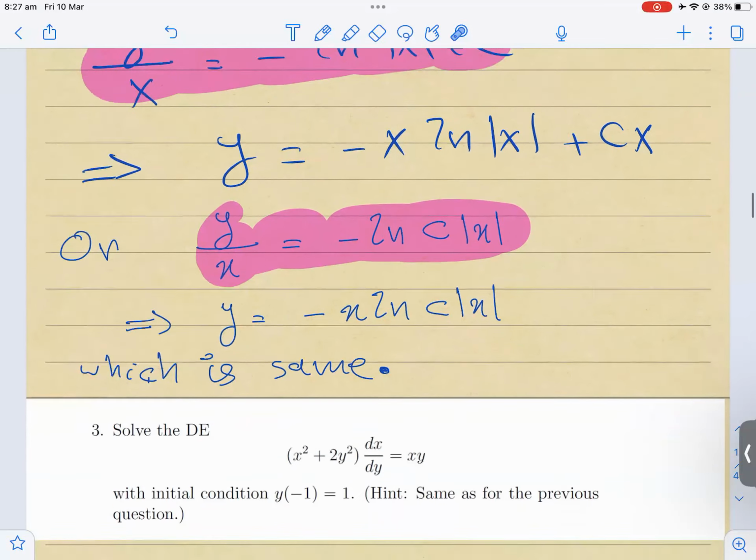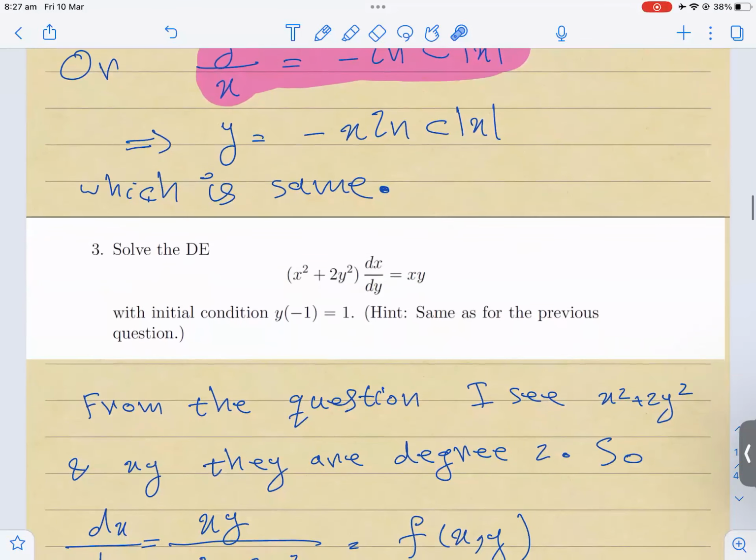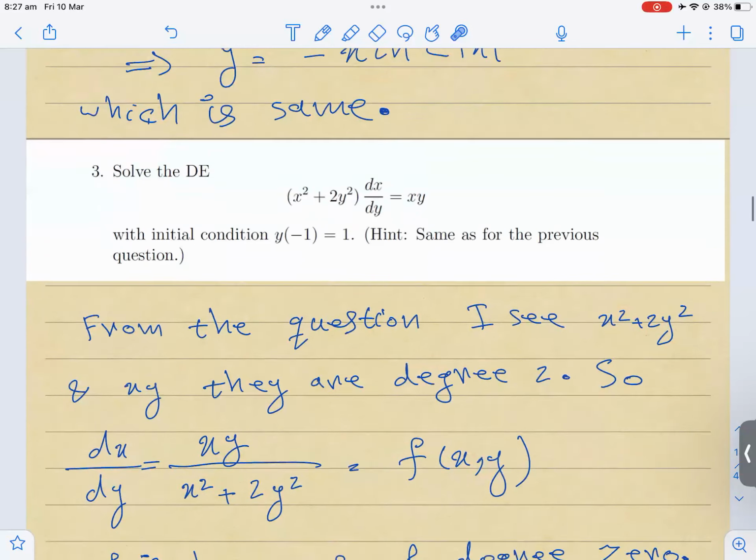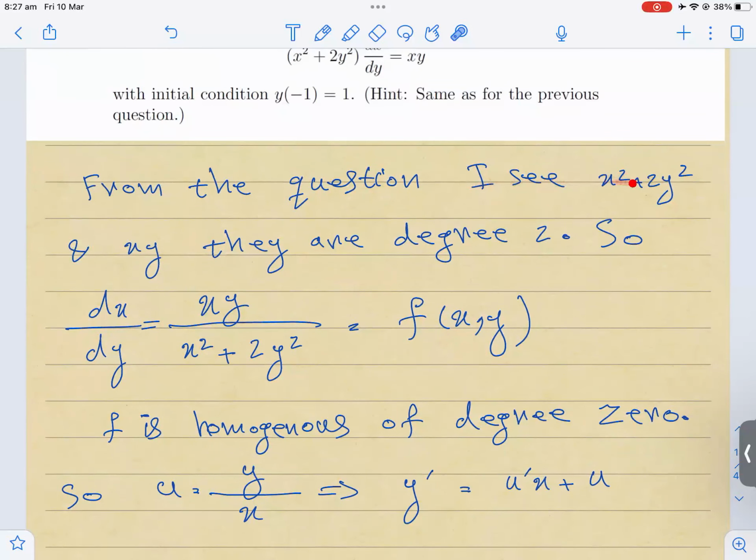So now let's go to solving the next ODE. So x squared plus 2y squared, I see that this is of degree 2, xy together is degree 2. Rearranging will give me dx over dy, xy this one, homogeneous.